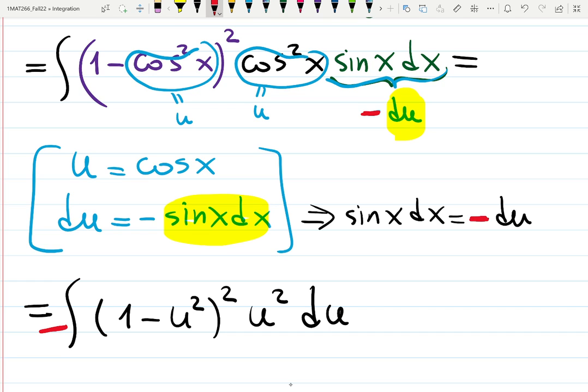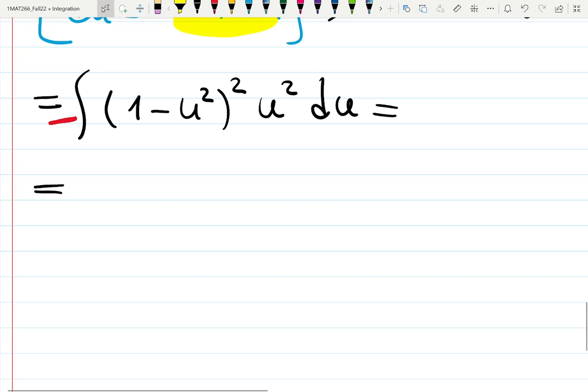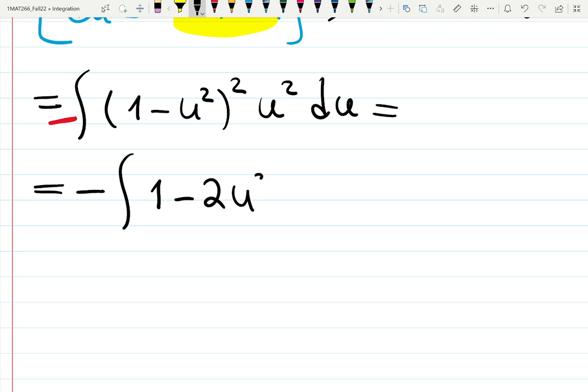How to integrate that? So that's just polynomials, which means lots of annoying work. But let's do it. You first use the same formula we did before, square of difference. So minus the integral, square of the first term, minus double product of 1 times u squared, plus square of the second term, which is going to give you u to the 4, times u squared.